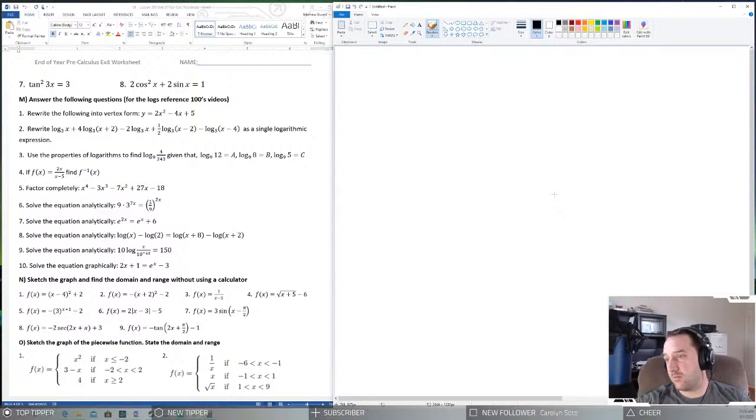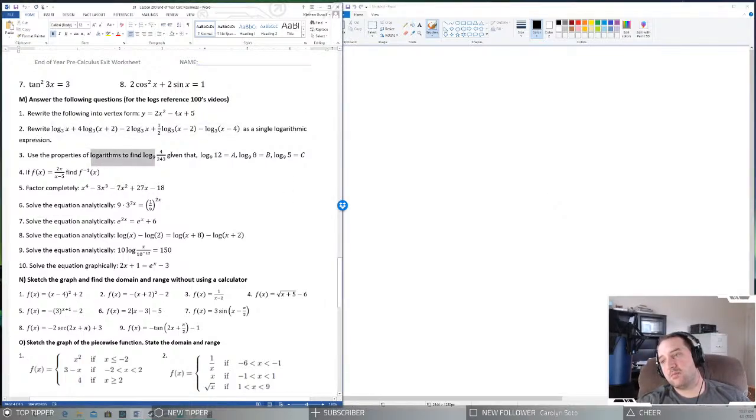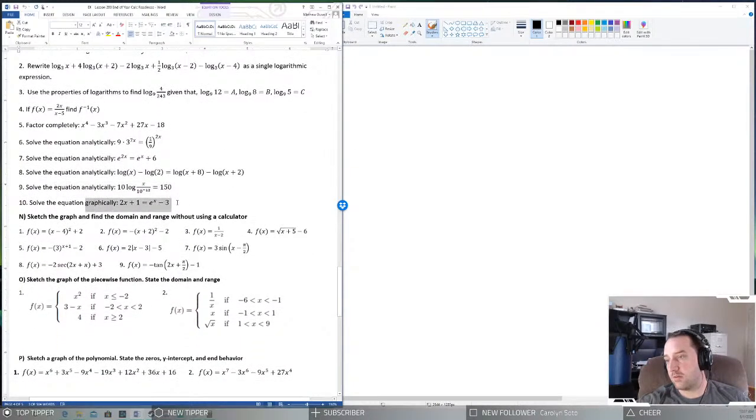Are there any other ones on section M? Like I said, because we didn't go over it, number 2 skip, 3 skip, 6 skip, 7 skip, 8 skip, 9 skip. This one you can plug into a graph.